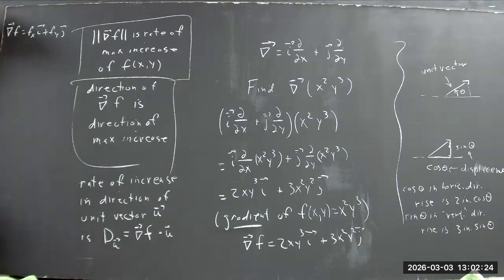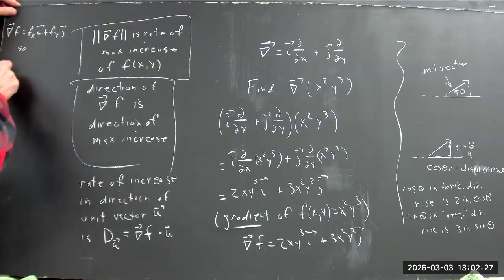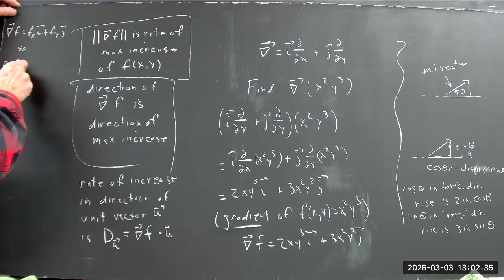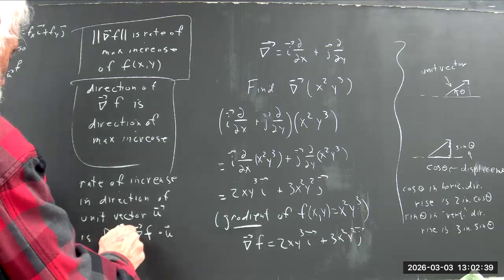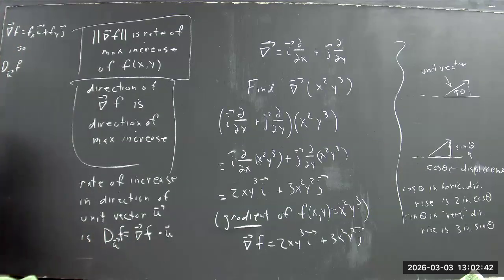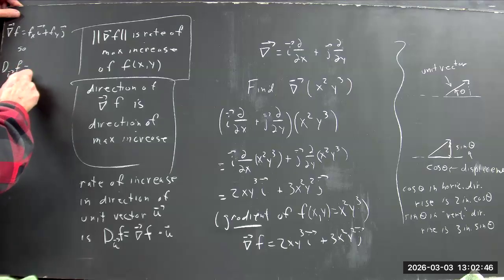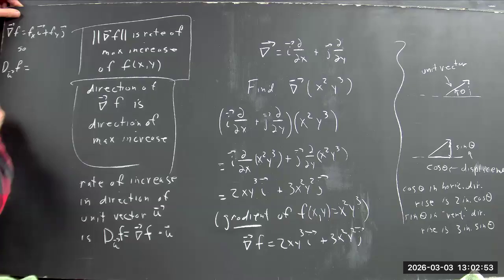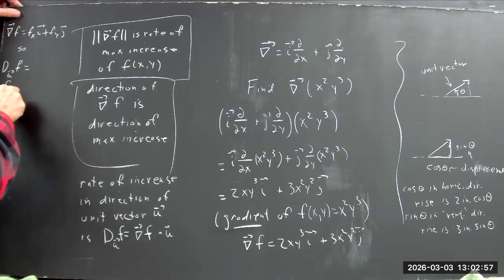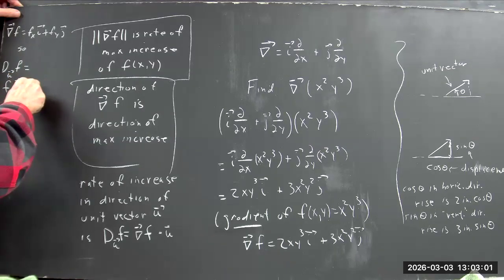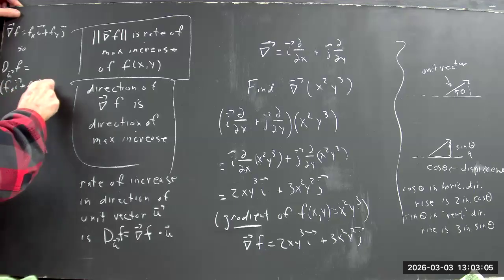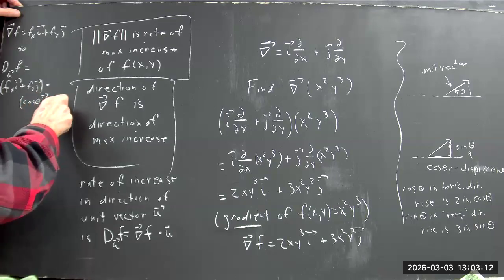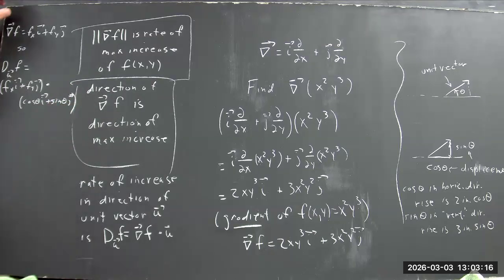Okay. Del f is f_x i plus f_y j. So D sub u of f, and I should have written D sub u of f here, equals, I don't have room to write it, I'll write it this way, f_x i plus f_y j dotted with cosine theta i plus sine theta j.